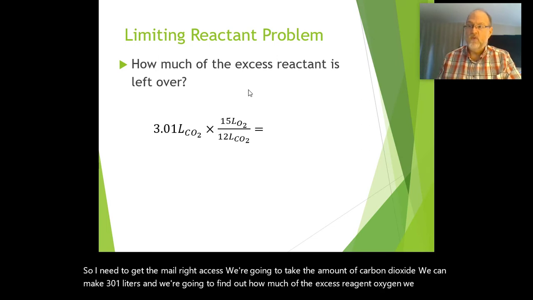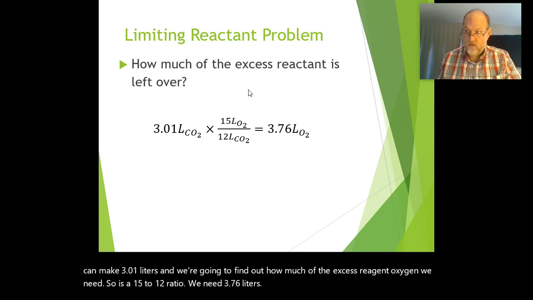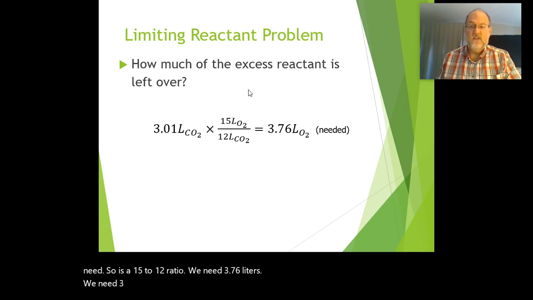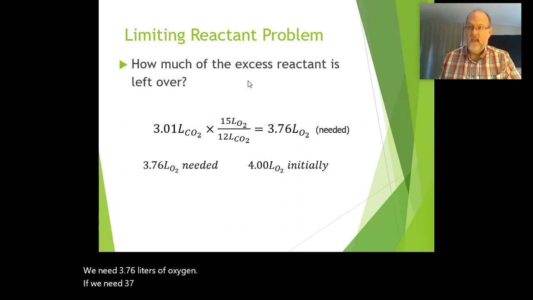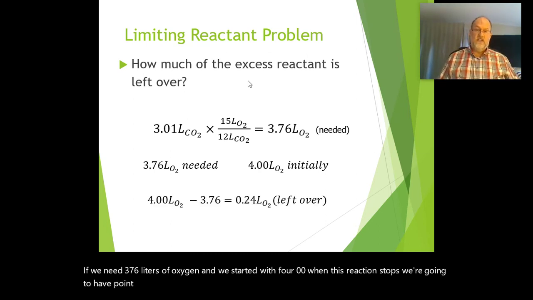So it's a 15 to 12 ratio. We need 3.76 liters of oxygen. If we need 3.76 liters of oxygen, and we started with 4.00, when this reaction stops, we're going to have 0.24 liters of oxygen left over. Limiting reactant.